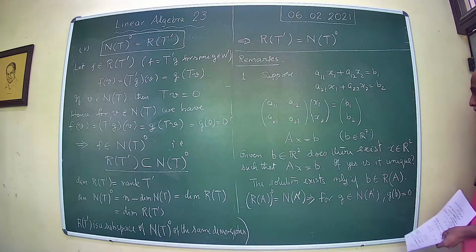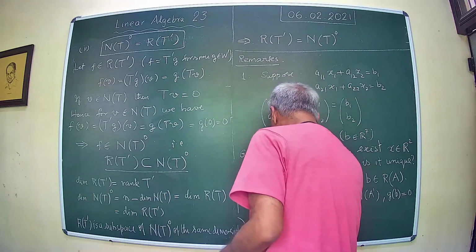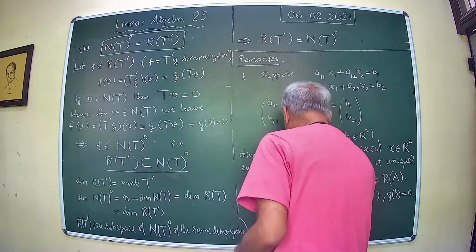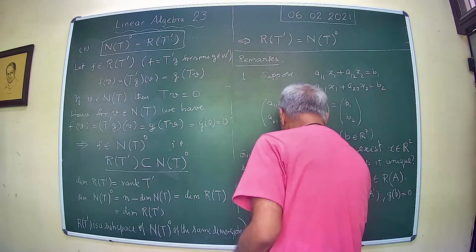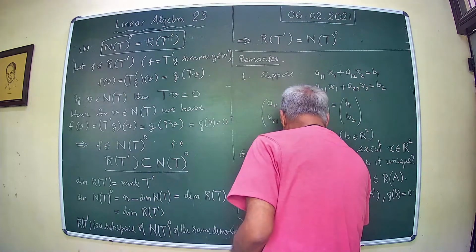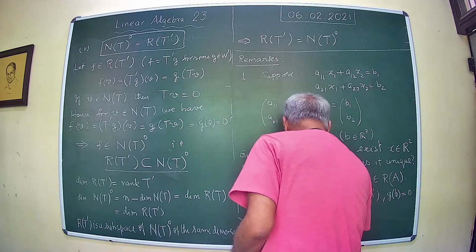Okay. What is A prime? A prime is represented by A11, the transpose of A, that is equal to A11, A21, A12.